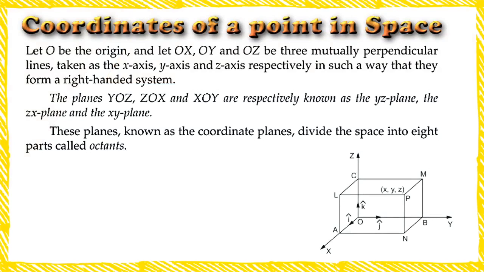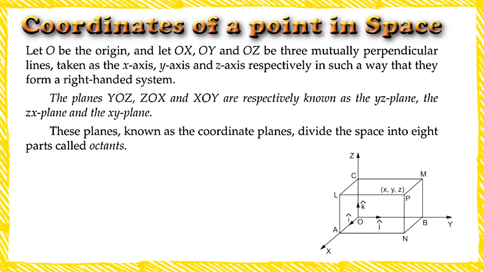So let's start. Coordinates of a point in space. Let O be any origin, right? And OX, OY, OZ be three mutually perpendicular lines taken as x-axis, y-axis and z-axis in such a way that they form a right-handed system. The planes YOZ, ZOX and XOY are respectively known as YZ, ZX and XY plane.